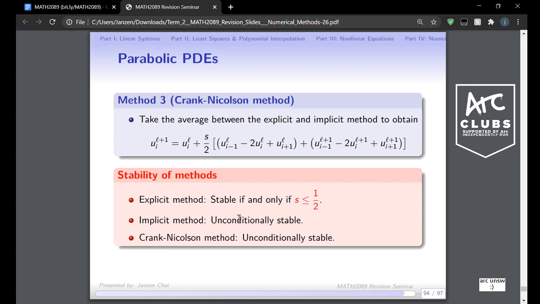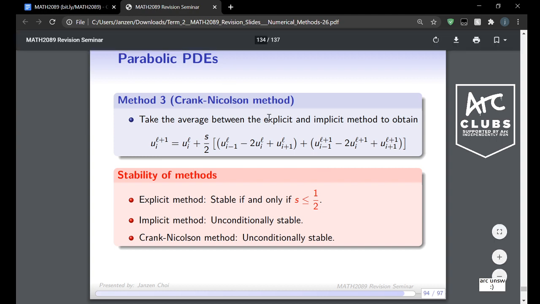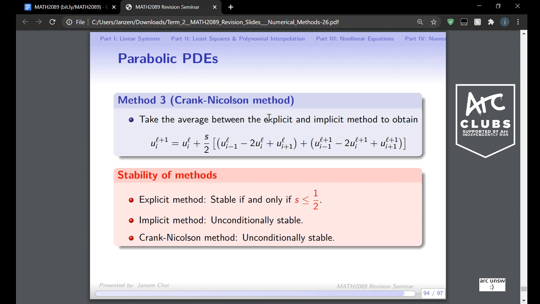Finally, for the Crank-Nicholson method, it combines the explicit and implicit methods for the parabolic PDEs and averages them, which is sort of analogous to how Heun's method averages the explicit and implicit Euler methods, which results in a more complex method, but also a more accurate solution.